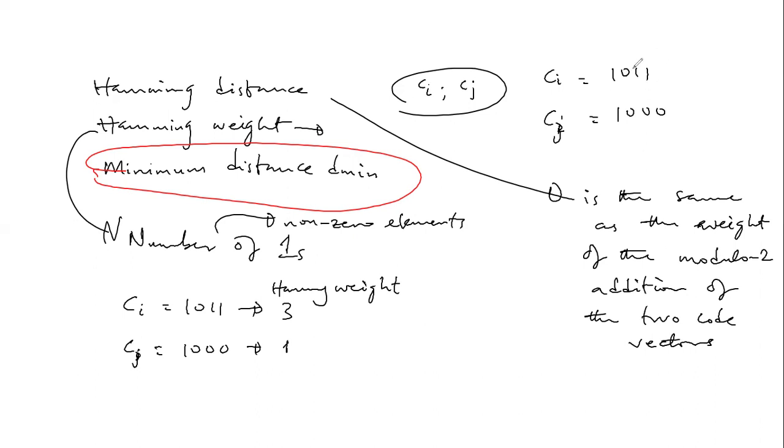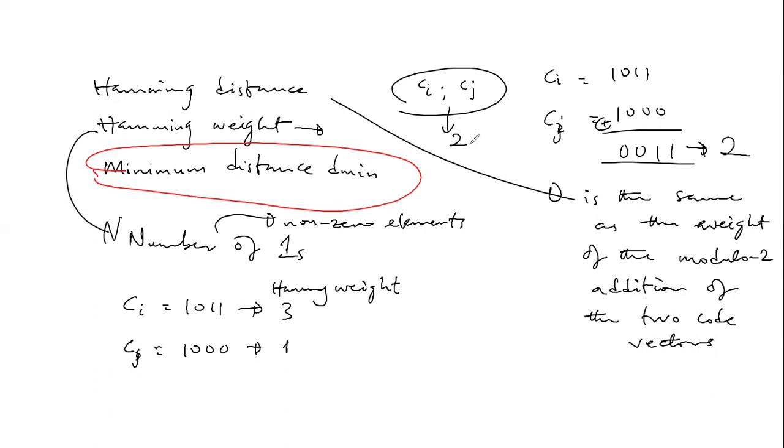So for us to be able to tell the Hamming distance here, we take the modulo 2 addition. 1 plus 1 is 0, 0 plus 0 is 0, 1 plus 0 is 1, 1 plus 0 is 1. So the weight of this modulo 2 addition is 2. So the Hamming distance between these two code words is 2.